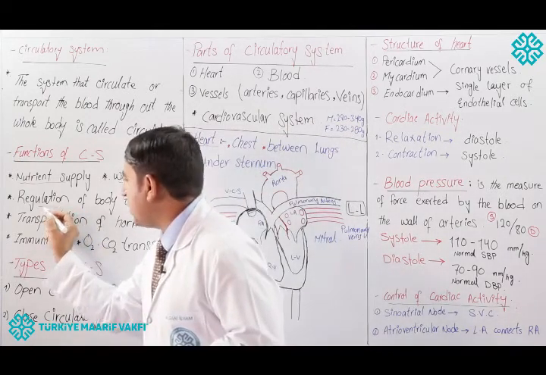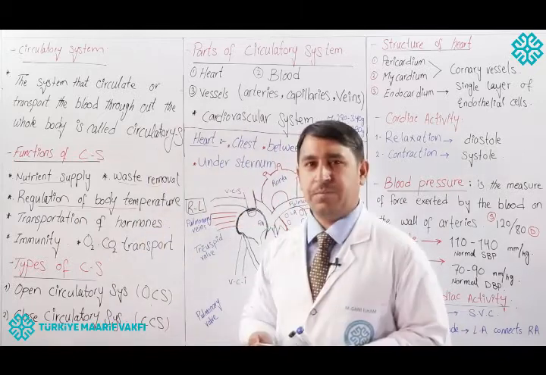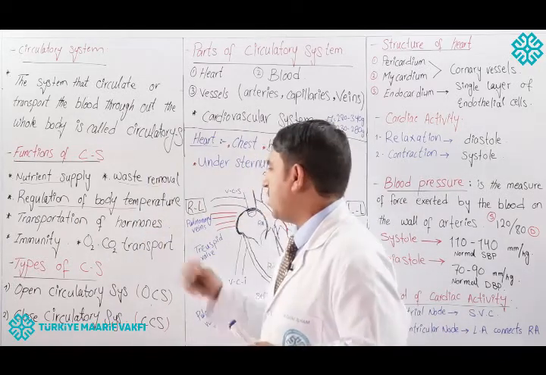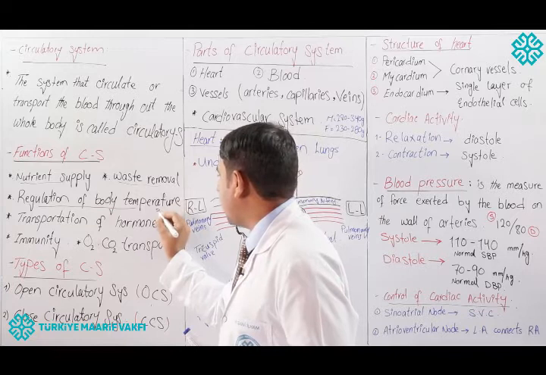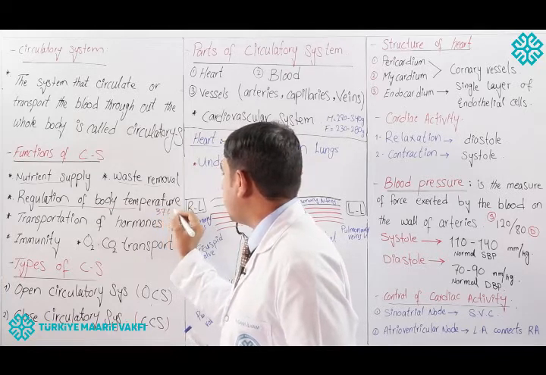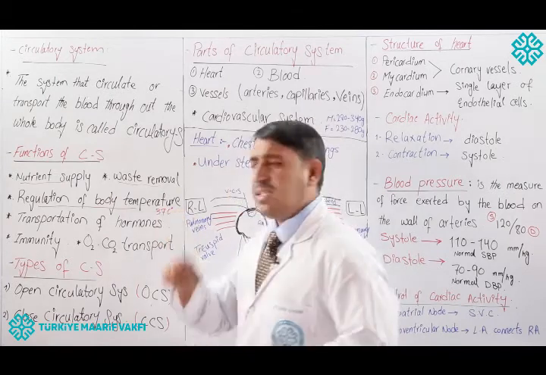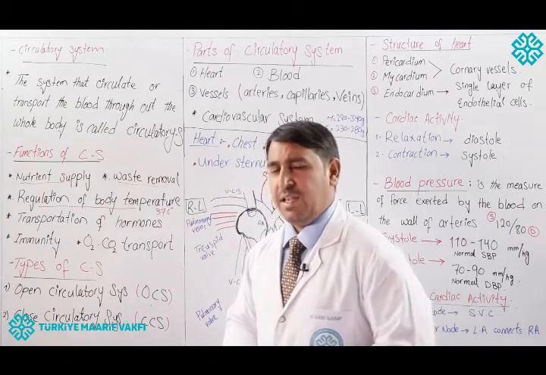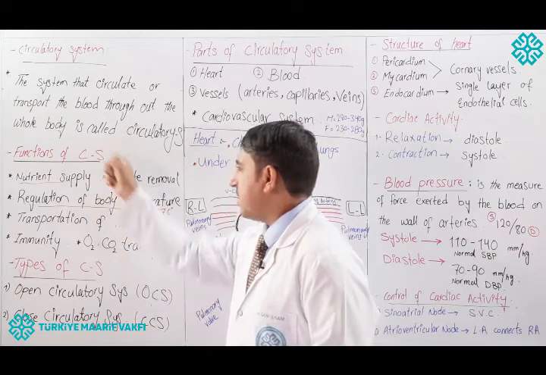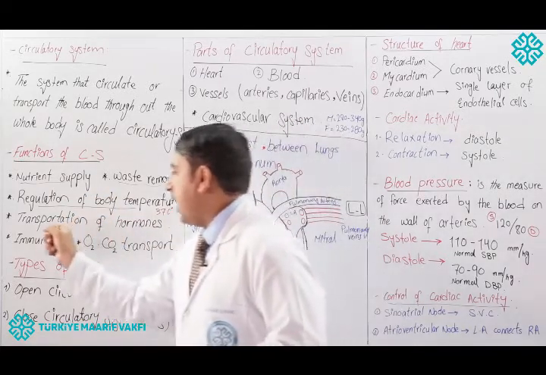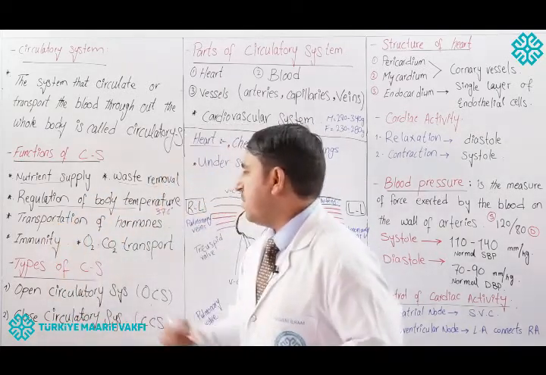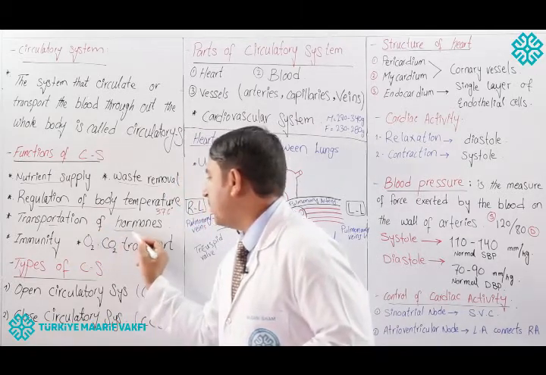And the third function is the regulation of body temperature. We have a normal body temperature, that is 37 Celsius. This temperature is controlled in our body by the circulatory system. And the fourth function of this system, transportation of the hormones.